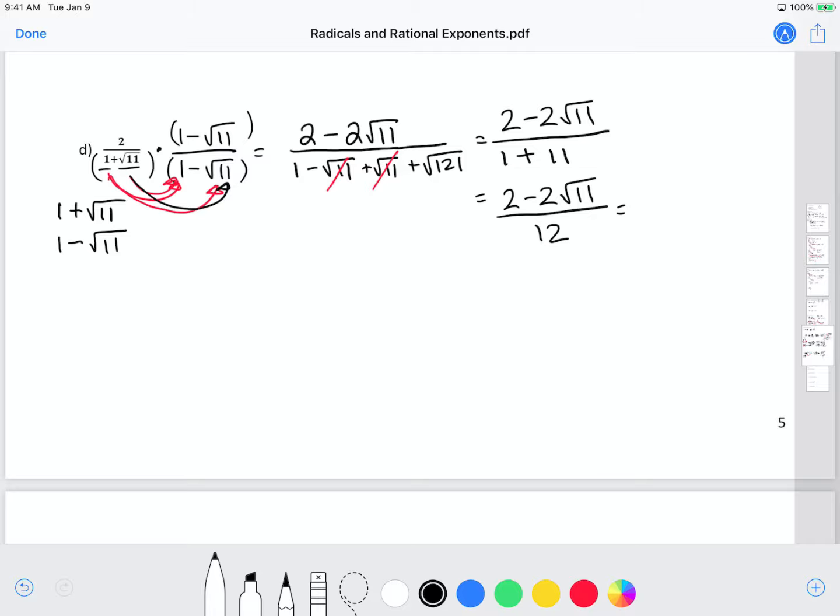And actually, we can simplify this by taking a 2 out of everything. If I take a 2 out of the 2, that's a 1. If I take a 2 out of the 2 square roots of 11, that leaves me with just the square root of 11. And if I take a 2 out of the 12, that leaves me with 6. So now I have my final answer.